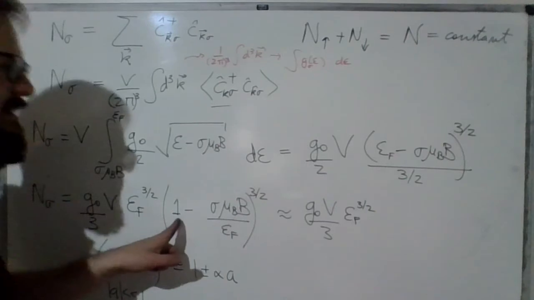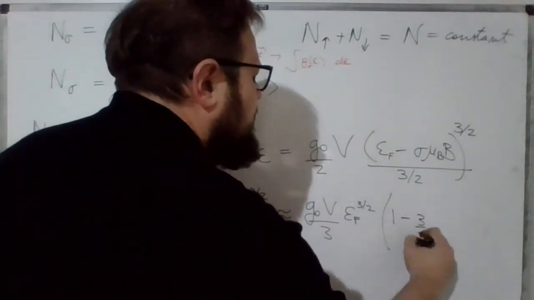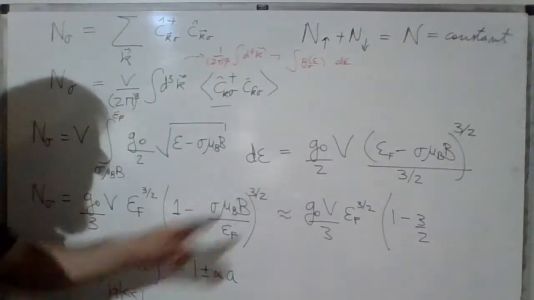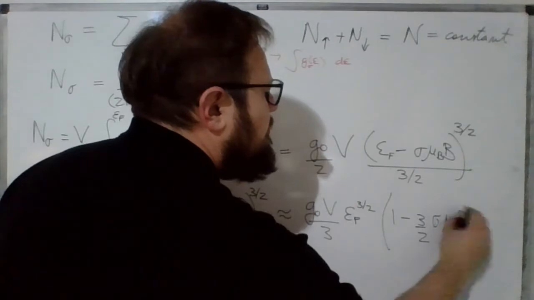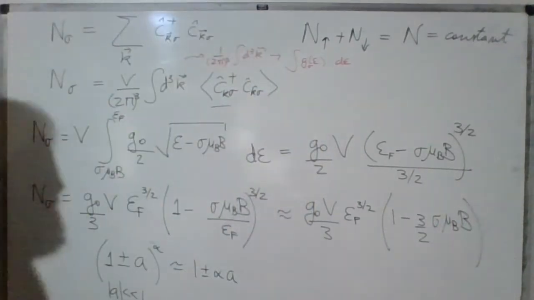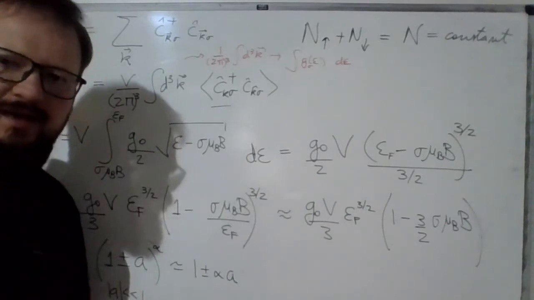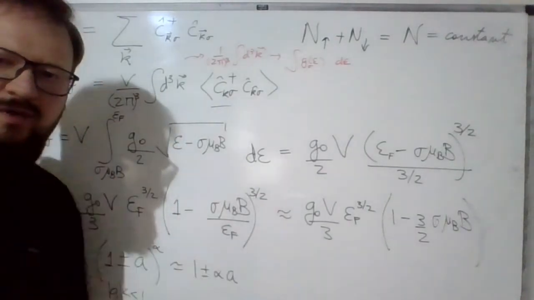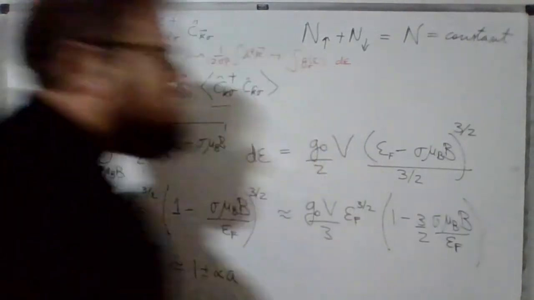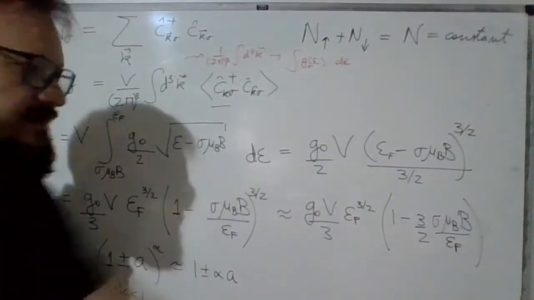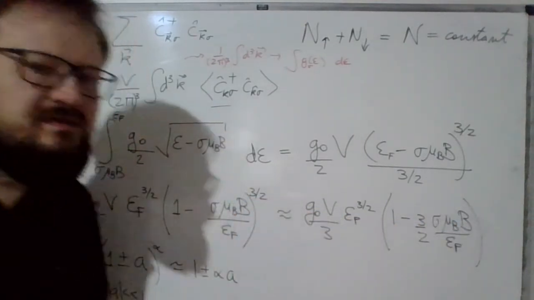And here we will have 1 minus 3 halves sigma Bohr Magneton times B, because the exponent is 3 halves here, all right? This is a good approximation, divided by the Fermi level, of course. It's energy over energy, a dimensionless constant.